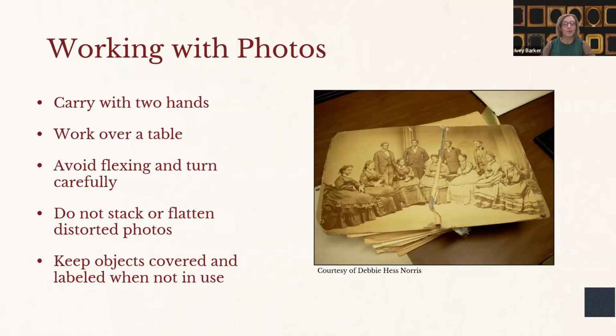When it's talking about turning carefully, there is a solution to that as well when you're handling some damaged photos that are still able to be digitized safely, but may need extra attention and handling and care. So I have this photo on a whiteboard, and it also has writing on the back.